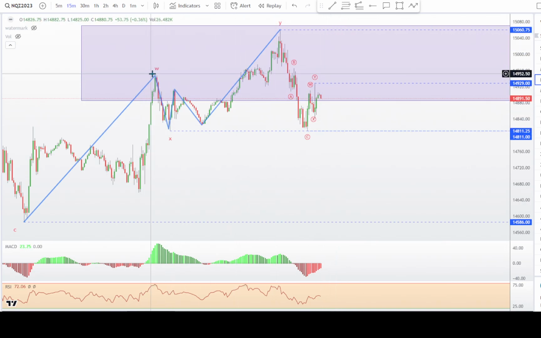So they broke that, so that WXY is over. Now, I guess there is the possibility that this WXY is just a three-wave move for 1, and they're starting what will end up being a massive leading diagonal. So far we do have three waves, A, B, C. So that could be 2.